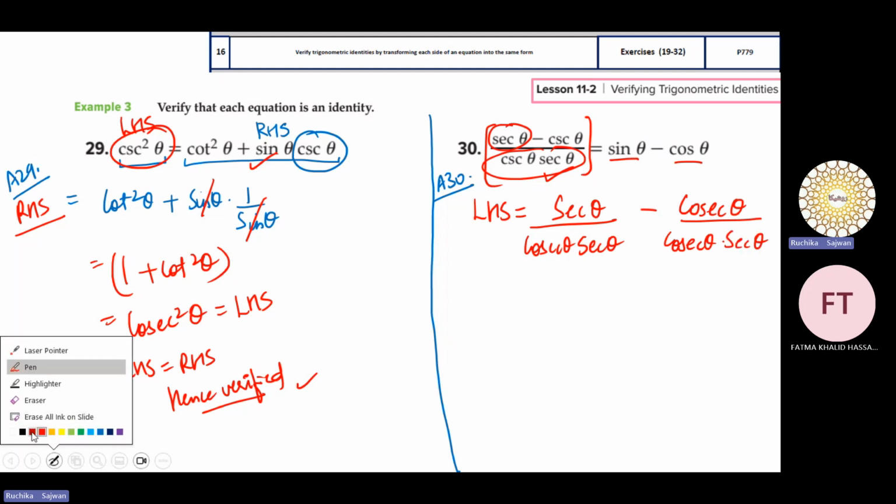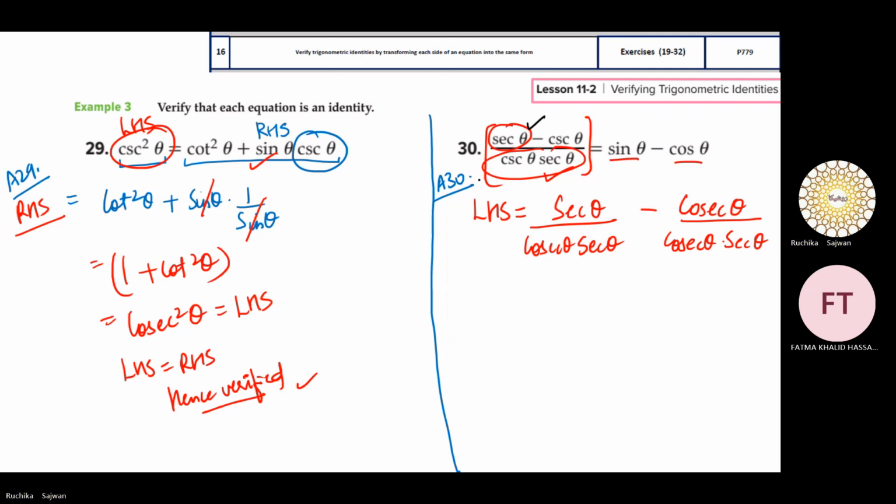Okay, now you must be wondering why I did this and why I did not convert to sine and cos. Even if you would have done the conversion into sine and cos initially at this step, finally you would have got the correct answer. But as I have been telling you so many times, try to use a method which saves your time and gives you the correct answer. So why does this save my time?